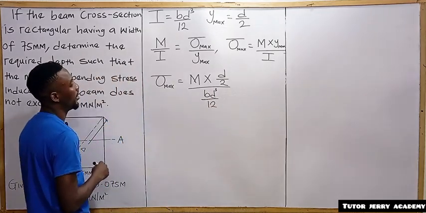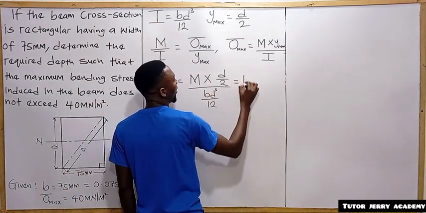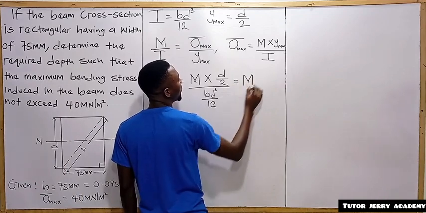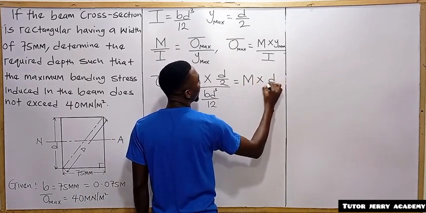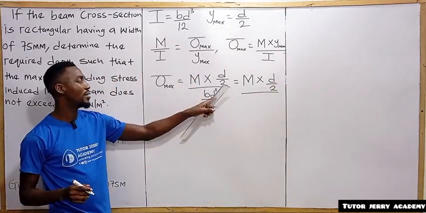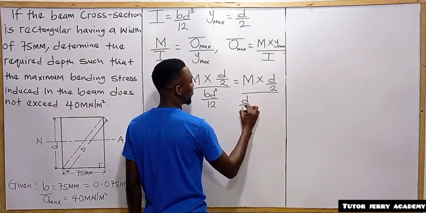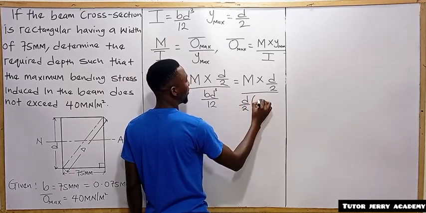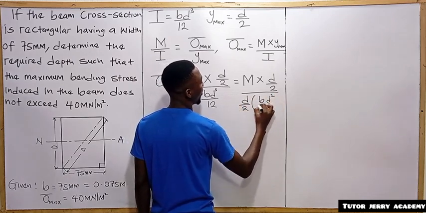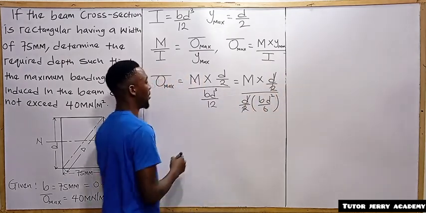So now this will be equal to M, which is our maximum bending moment, multiplied by d over 2 all over, now I can decide to factor out d over 2 from here. I bring out d over 2 from here, I'll be left with bd squared over 6 here. So d over 2 will go with d over 2.